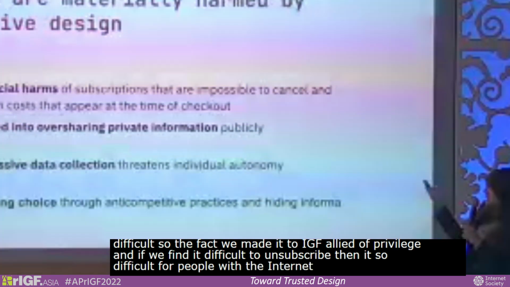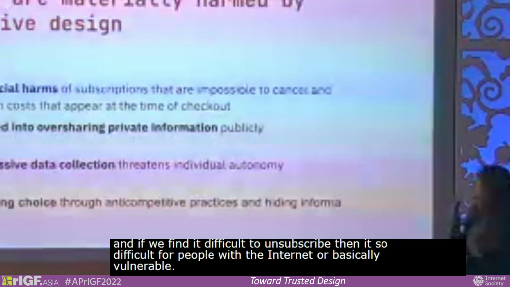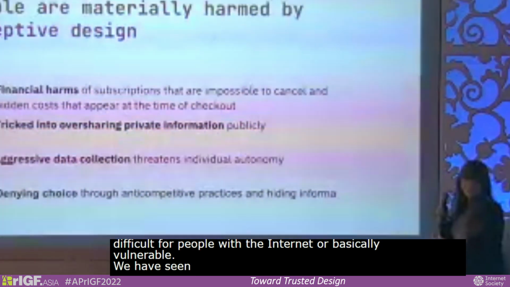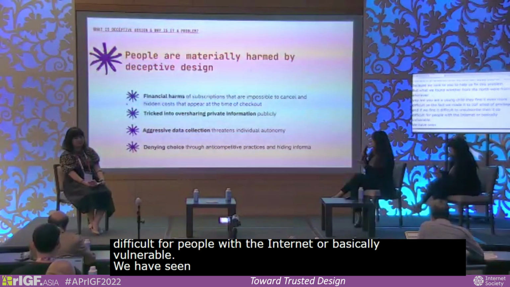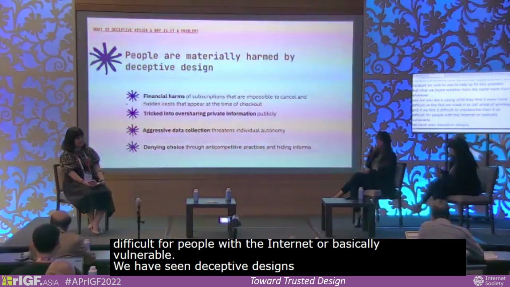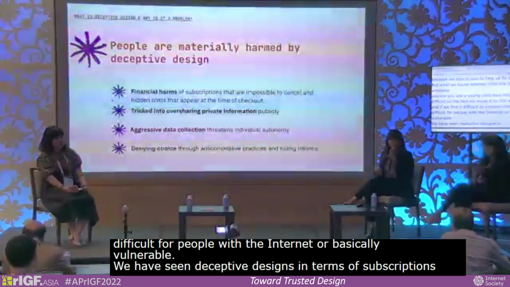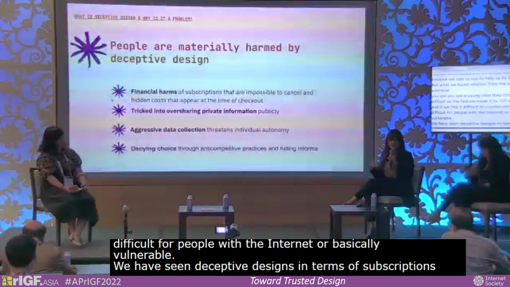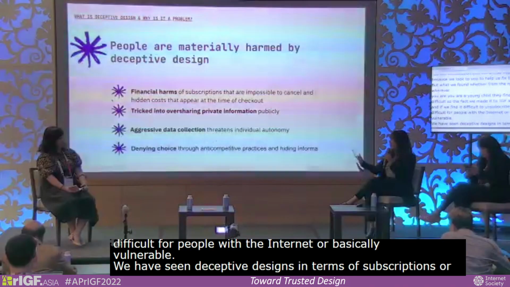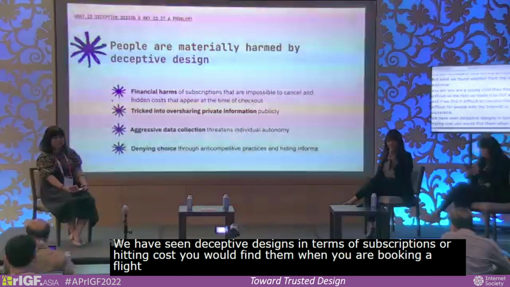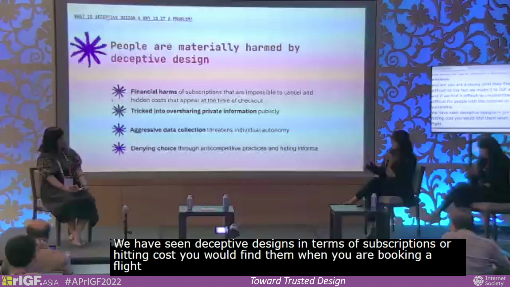So we've seen how deceptive designs actually materially harm people. These could be financial harms, like subscriptions that are impossible to cancel, or hidden costs. You'd most probably find them when you're booking a flight: they'll sneak in an extra insurance that you didn't want. You're tricked into oversharing private information publicly, and there's aggressive data collection.